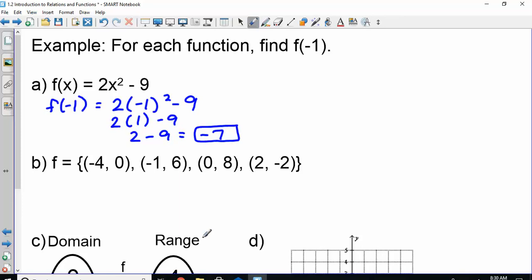Okay, B, when I say f of negative 1, that means your x is negative 1. Tell me what the y equals. So what is it?